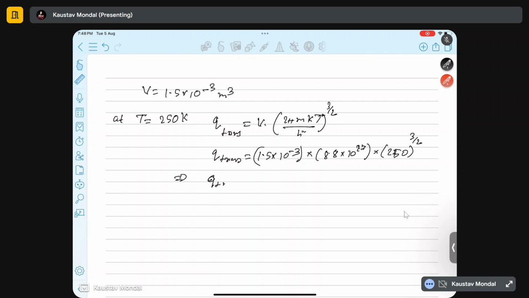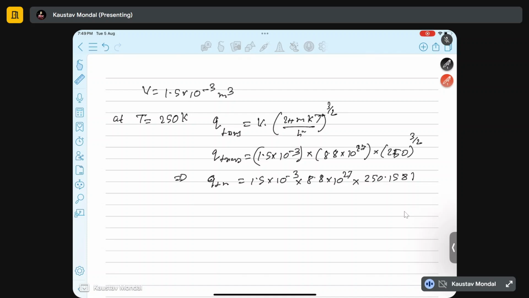If you do 250 to the power 3 by 2, this gives you basically 3952.5.